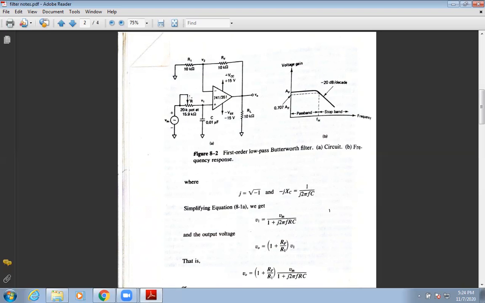Then we calculated the value of R using the given cutoff frequency, which in this case is 1 kilohertz. After finding all the values, we put them in this diagram, and this is the final circuit diagram for the first order low pass Butterworth filter.